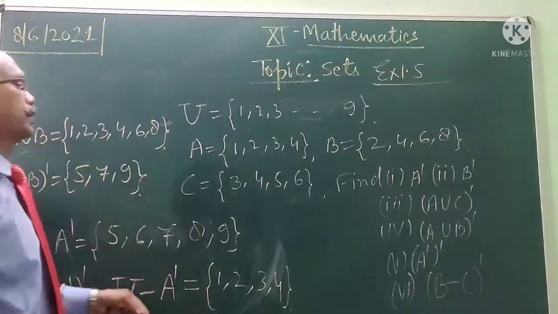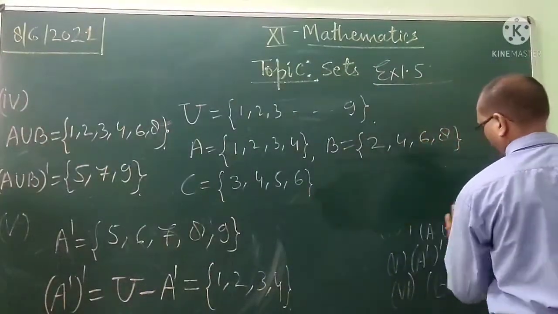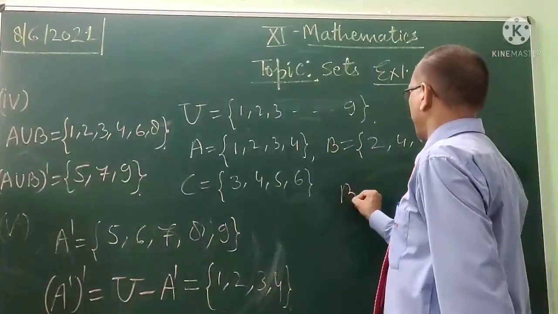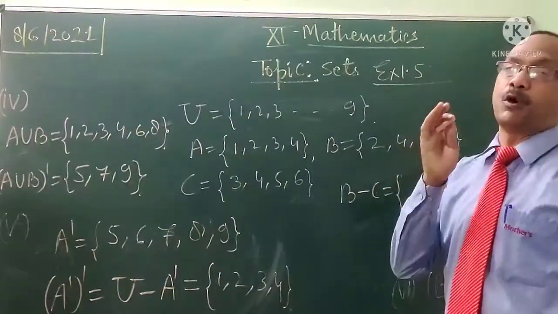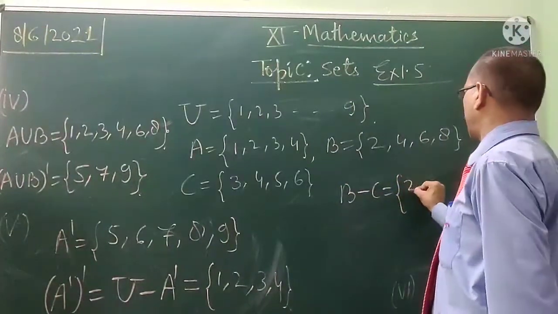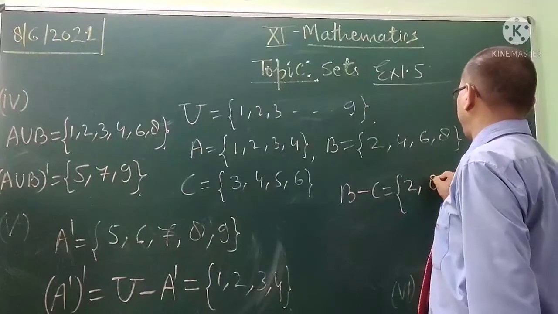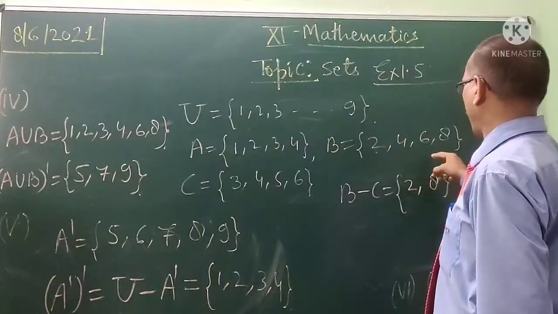Now the last part. In that we need B minus C. B minus C means the elements which belong to B but do not belong to C. So these elements are 2 and 8.